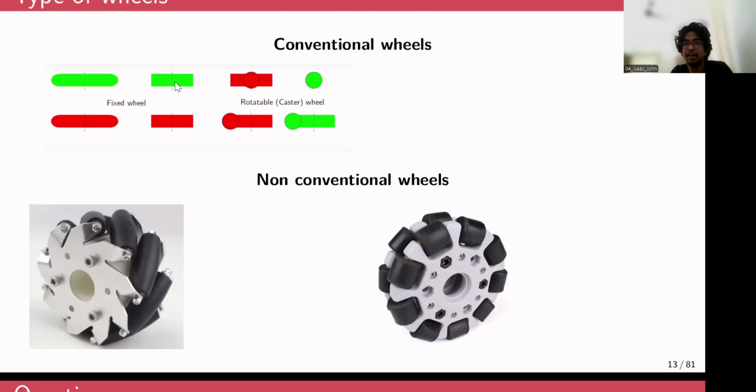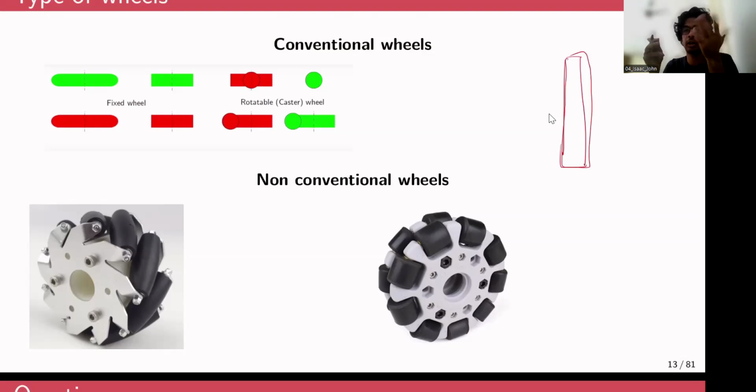This is a fairly straightforward assumption, because as we know, a conventional wheel can only roll along the longitudinal direction, back and forth. It's very difficult for it to move sideways, because of the grip a tire offers. It cannot slide in the lateral direction. And that restricts a lot of the mobility of a mobile robot.